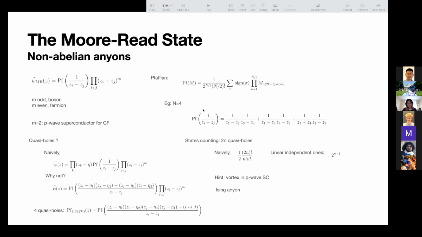So yeah, let's first look at a single example. If we have n equals 4, the Pfaffian with 4 particles can be written as something here.